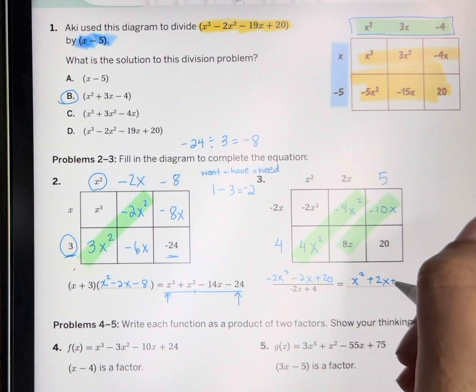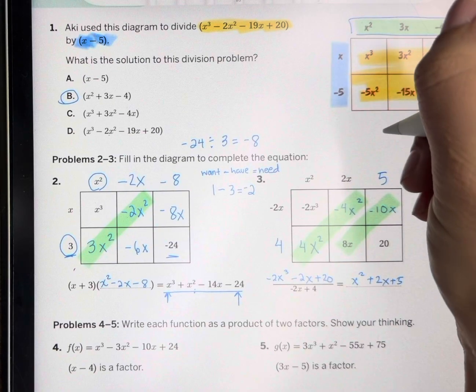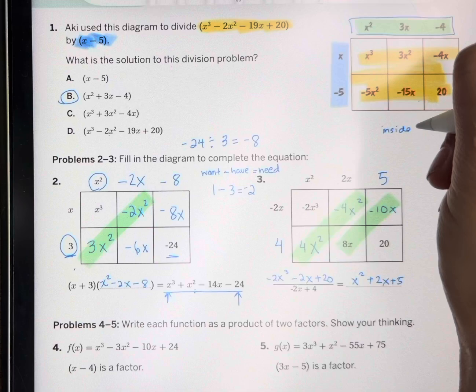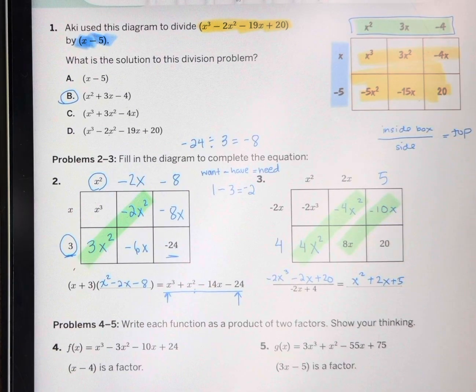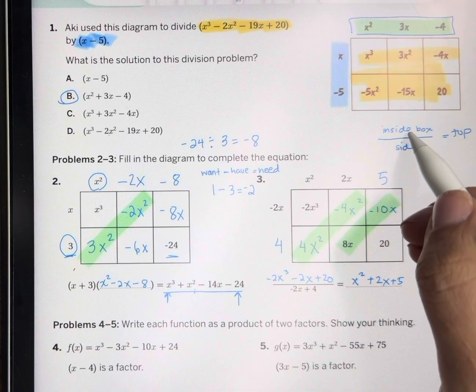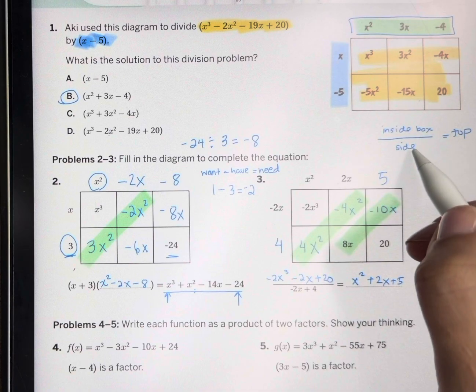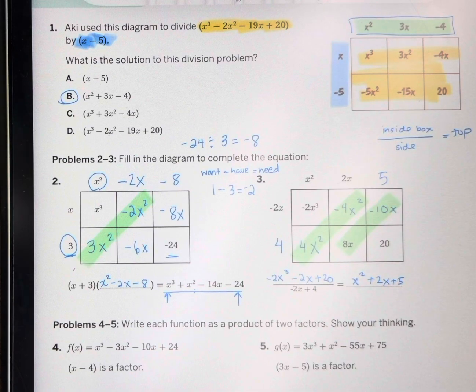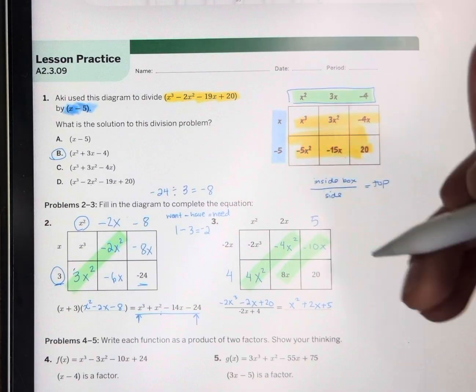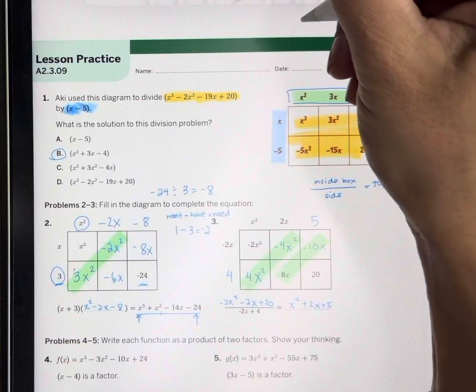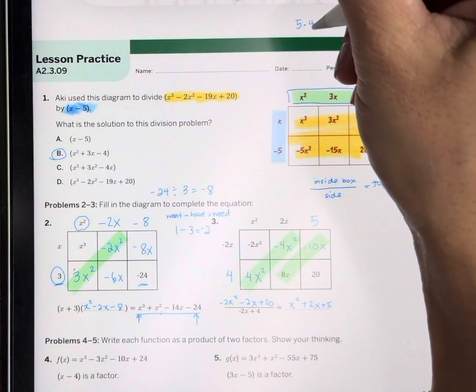Let's write that down. What's inside the box divided by what's on the side equals what's on the top. And the side and the top could be switched. What's inside the box divided by what's on top is equal to what's on the side also. This was, if you were in class and you were paying attention, what I demonstrated by showing you that 5 times 4 equals 20.